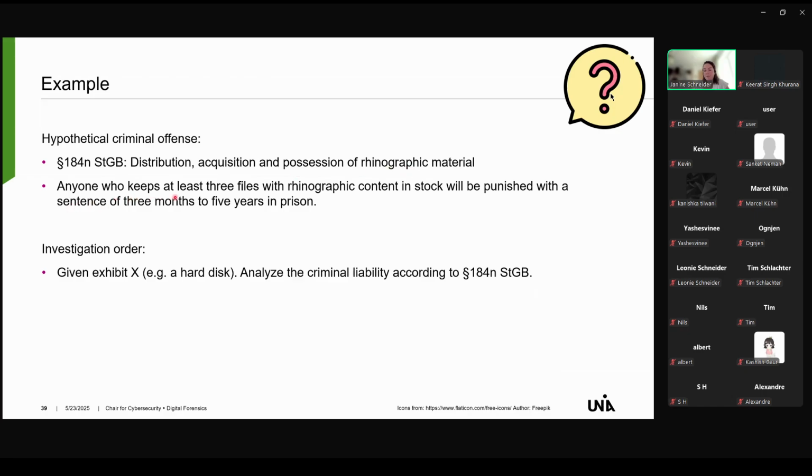And anyone who keeps at least 3 files with pornographic content in stock will be punished with a sentence of 3 months to 5 years in prison. And so the investigative order says you are given an Exhibit X, which is a hard disk drive, and you should analyze the criminal liability according to that paragraph.